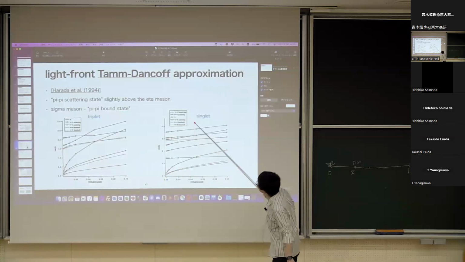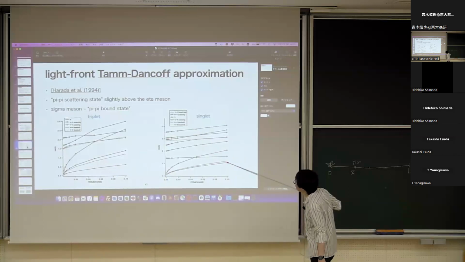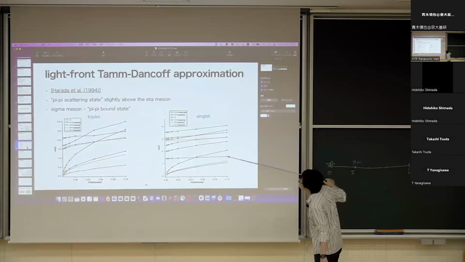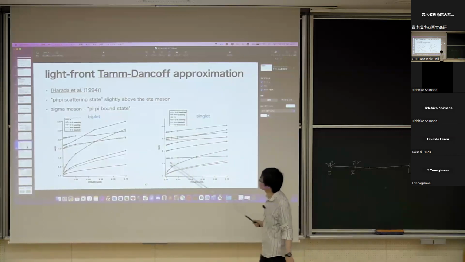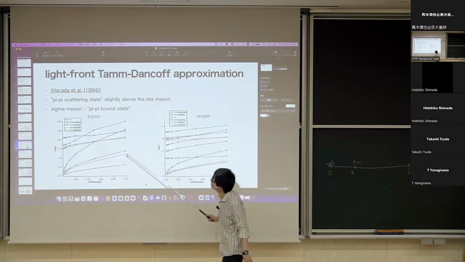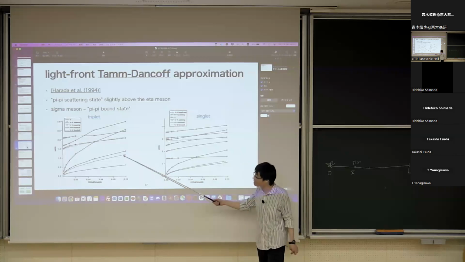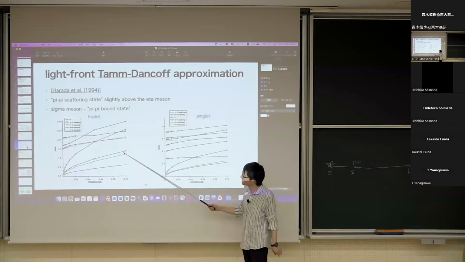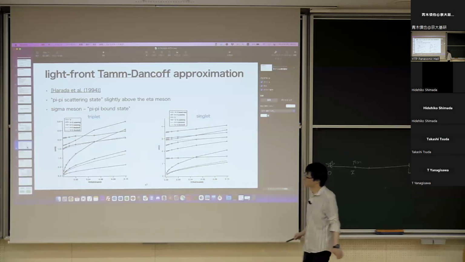They don't call it sigma, but they call it a pi bound state. And also eta. And the pi scattering state appears here. This state corresponds to, I think, the 19th, 20th, and 21st excited states in our analysis. So in that sense, we can compare.